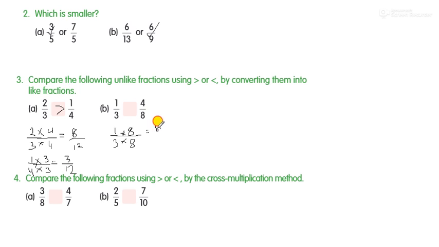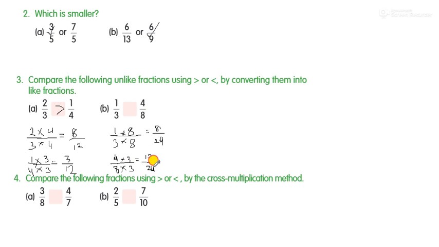Here 8 by, 3 8s are 24. Next 4 by 8. Now multiply numerator and denominator with a 3. 4 3s are 12, 8 3s are 24.